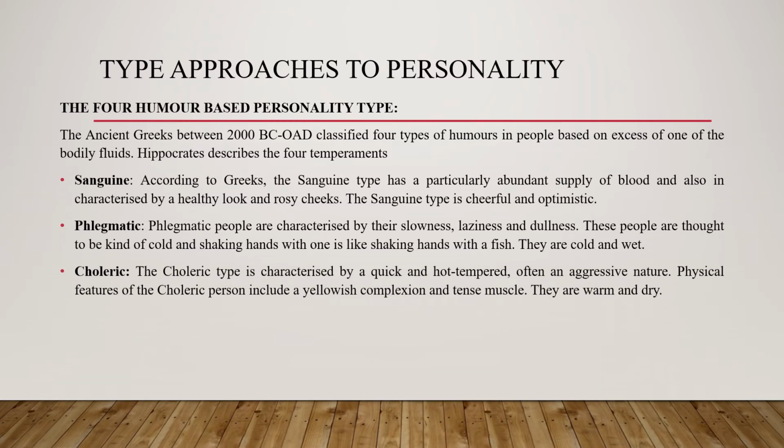The next one is choleric. The choleric type is characterized by a quick and hot temper, often an aggressive nature. Physical features of the choleric person include a yellowish complexion and tense muscles. They are warm and dry.